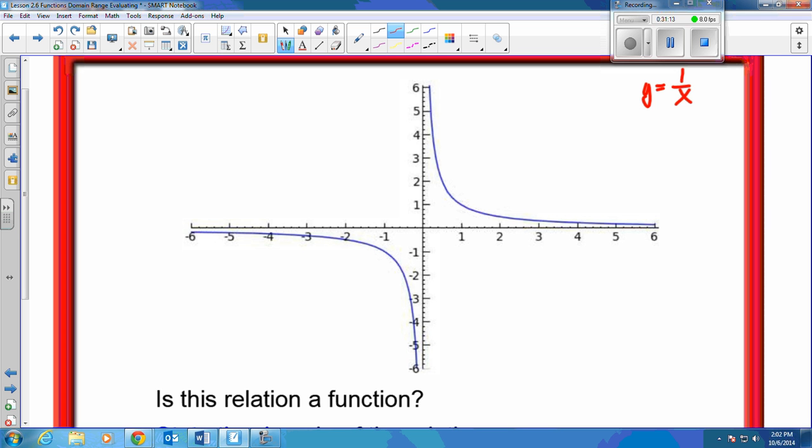So if you look, my graph gets really close here, and it gets really close down here, but it never touches or crosses the x-axis or the y-axis. Because everywhere along this y-axis, what is x? 0. And so this is said to have an asymptote, an imaginary line running through it. It's kind of like an electric fence. Or like if you've ever seen a dog that has an electric collar on it, it knows where the boundary is.